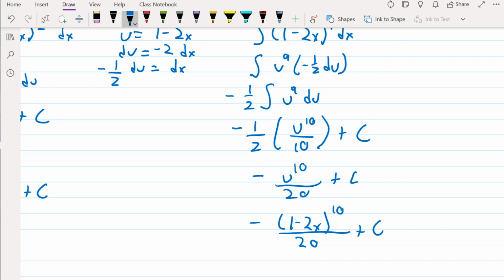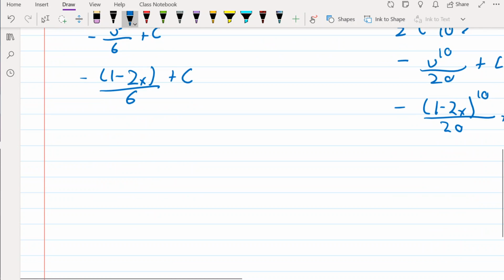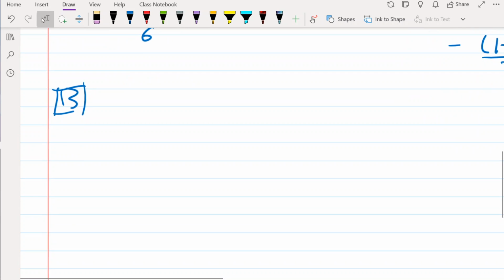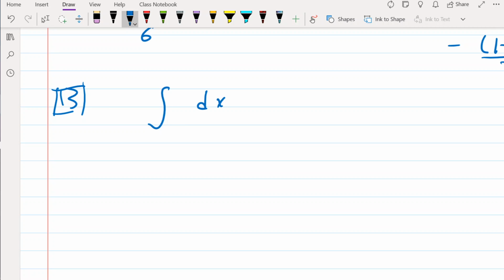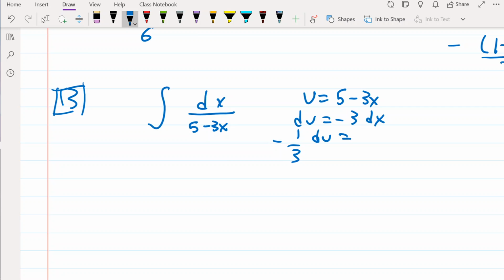Let's take a bit harder one, which will be number 13 from 5.5. It asks for the integral of dx over 5 minus 3x. This is going to give us the natural log in the result. Our u is equal to 5 minus 3x, and du equals opposite 3 dx. We want this in terms of dx, so opposite 1 over 3 du equals dx.